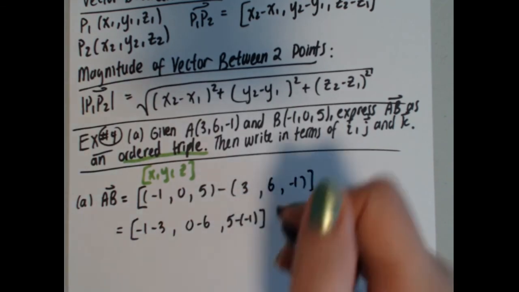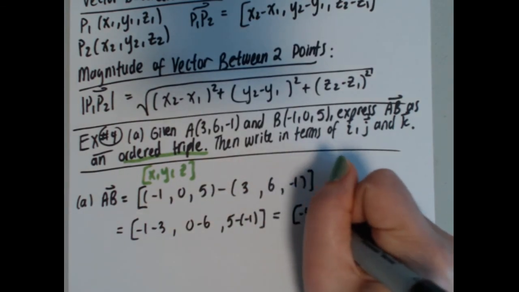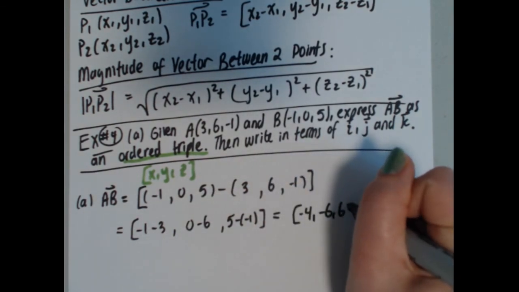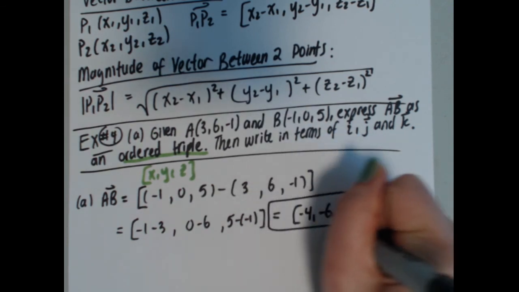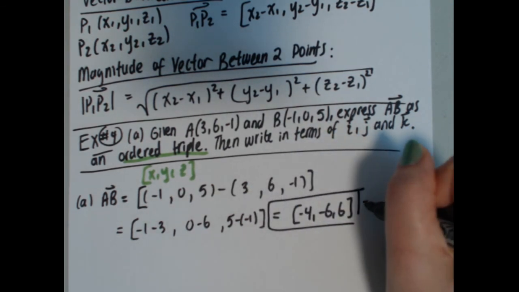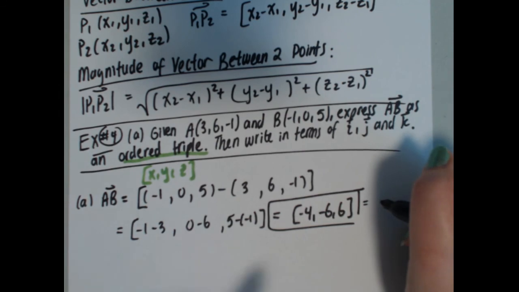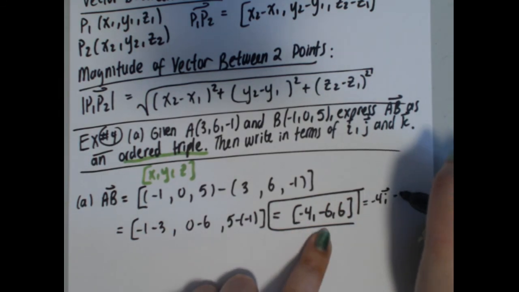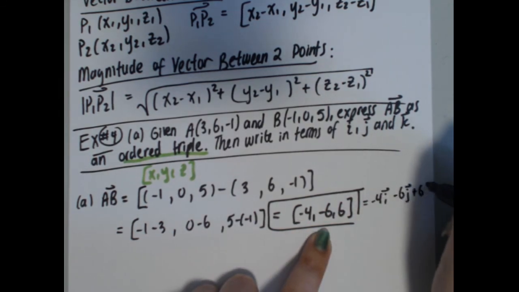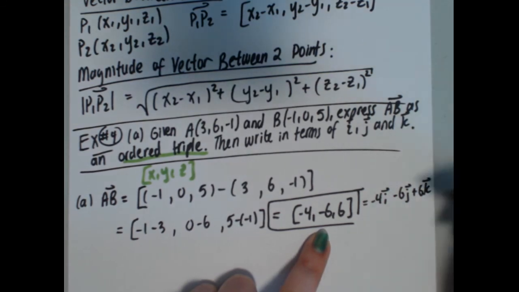Okay, so that is equal to [-4, -6, 6]. This is the ordered triple, and we can also rewrite that in terms of i, j, and k as -4i minus 6j plus 6k. So these 2 things are the same.